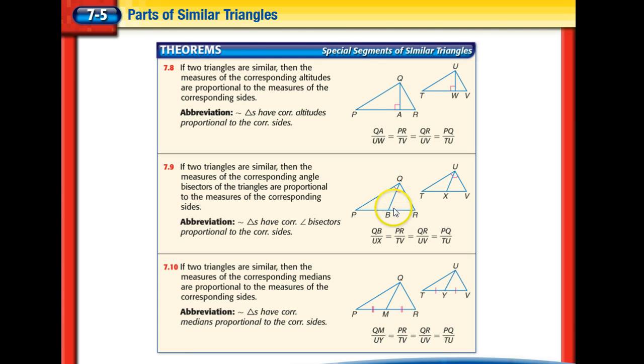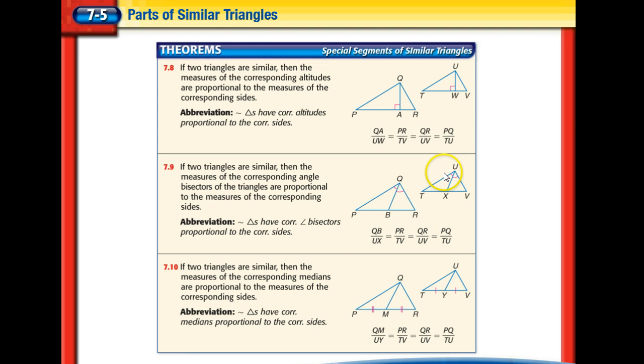In this picture, they're showing us angle bisectors. So this line cuts the angle into two congruent pieces. So this line QB is proportional to this line UX as long as the two triangles are similar. And down here at the bottom, this is a median.